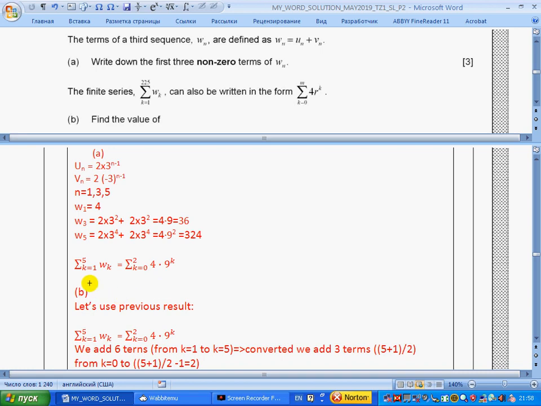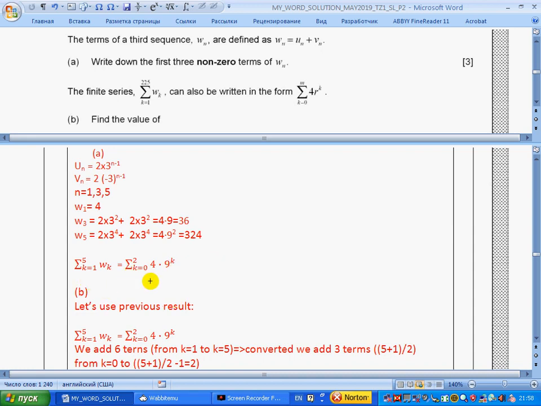If we add 5 terms, we can rewrite it as sum from k equals 1 to 5. We can write k from 0 to 2, but here we should take 4 and here 9 to the k.